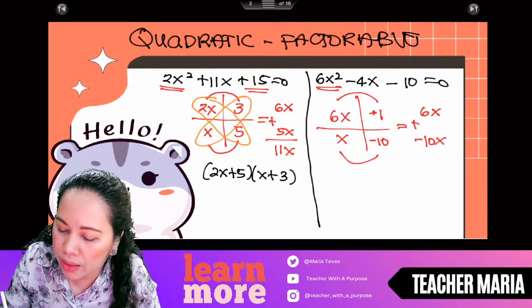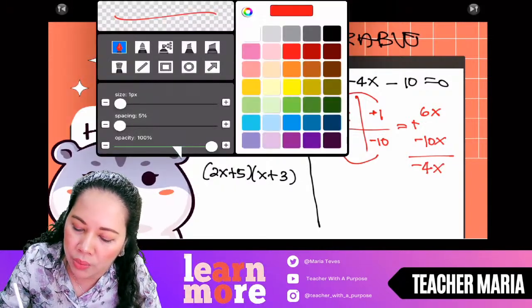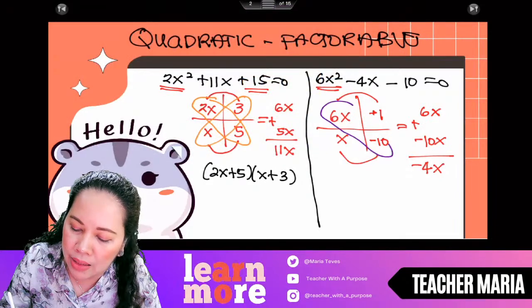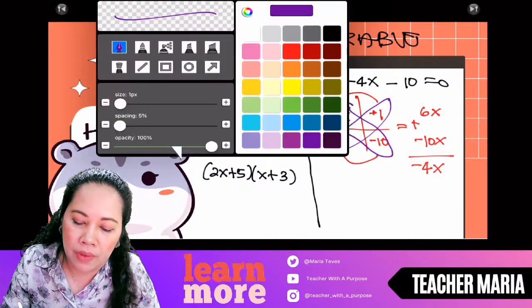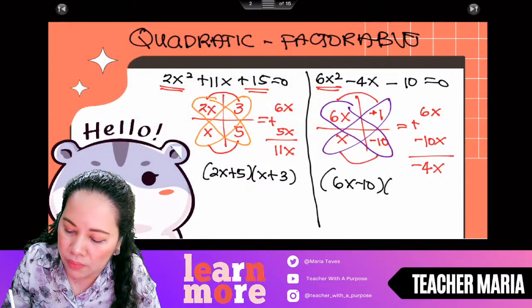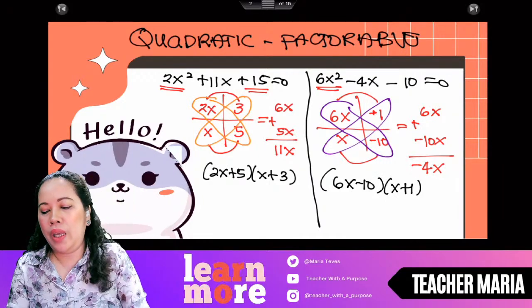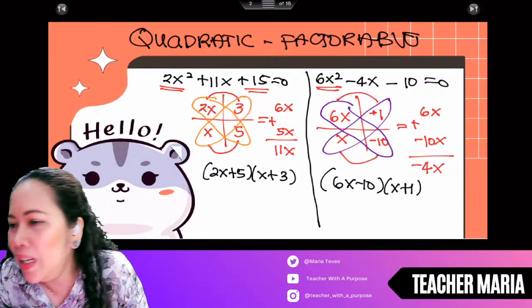When you add, that is negative 4x. So then you will have 6x and that one together. Okay. Cool. Well done, Ambery.